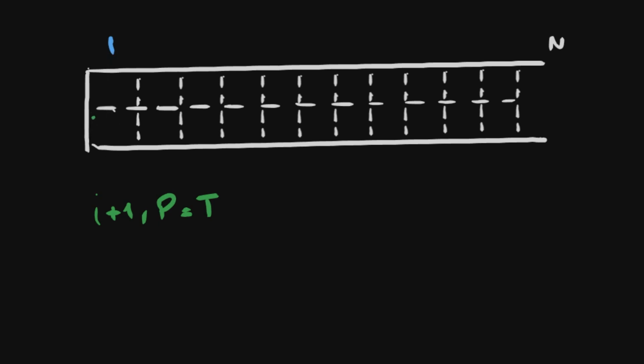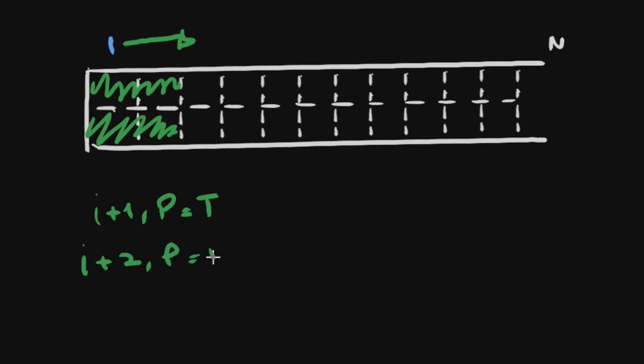Let's say we put 2 dominoes here, one here and another one here. We are filling this column. So in this case, we would update I 2 spaces and the last column would be full. So I plus 2 and the previous one is true.